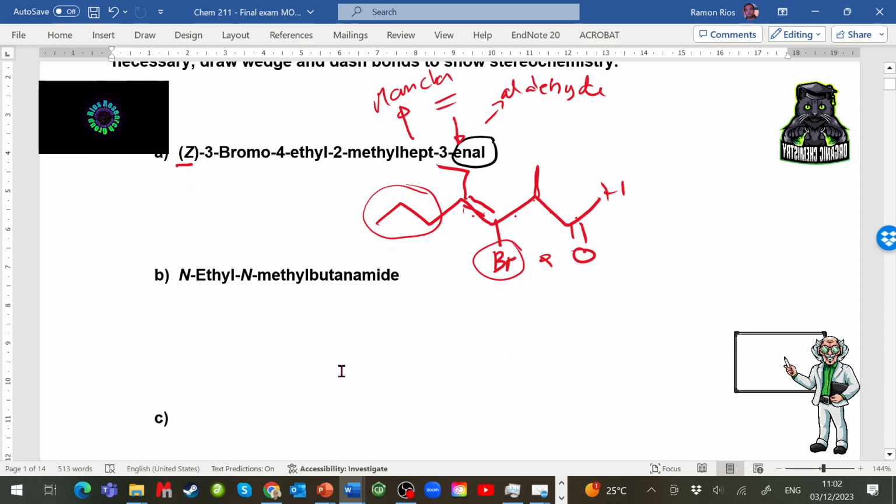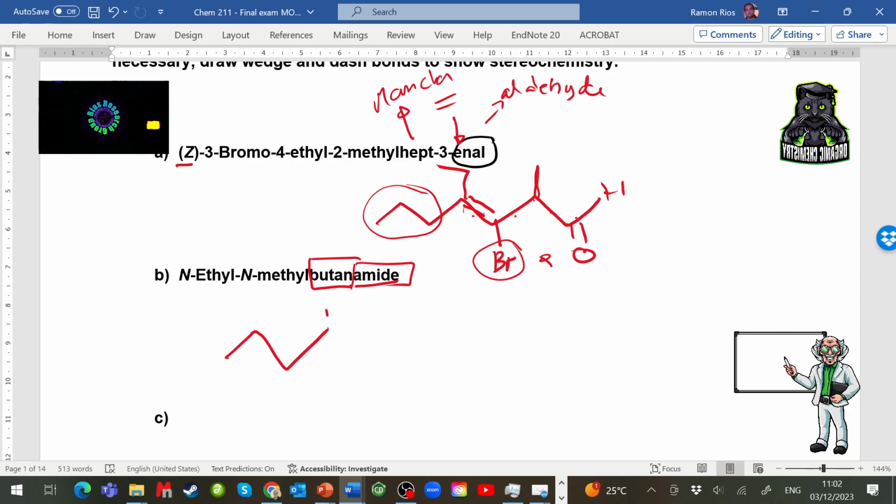Second is N-ethyl, N-methyl butanamide. Okay, we will analyze point by point. Here it means that it's an amide, and the main chain will be butan, that means 4 carbons. I will draw 4 carbons, 1, 2, 3, 4.